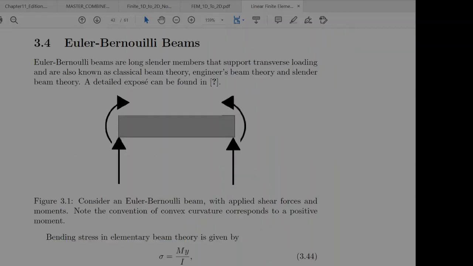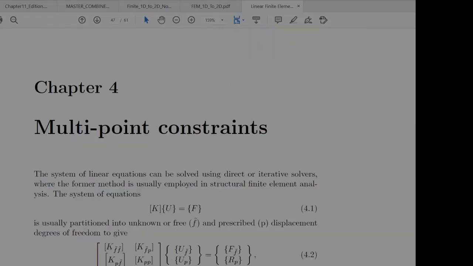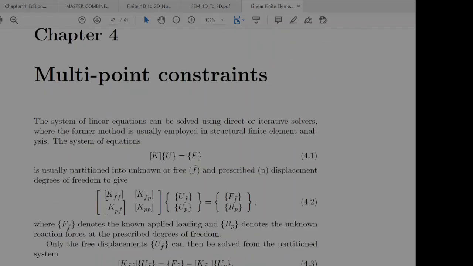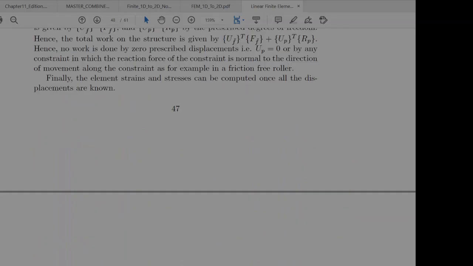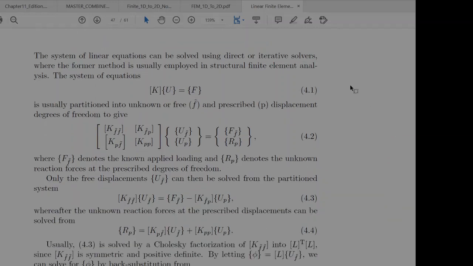Okay, and then just the last couple of things: beams, not something that I worry about in this course. And lastly, we can quickly look at something called multiple point constraints. This is not something formally part of the course at all, but for those of you that are interested, it's when you have a roller, let's say I have a structure, a beam, but it's at 45 degrees, and I want to make sure this edge can roll up and down along that edge.